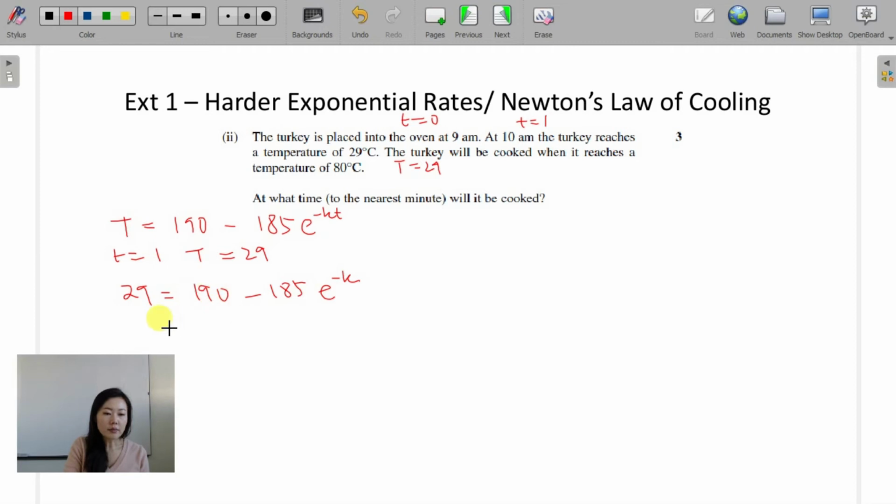And then moving things around. Alright, so the difference between that is 161 divided by 185 across, so minus k is ln of that.